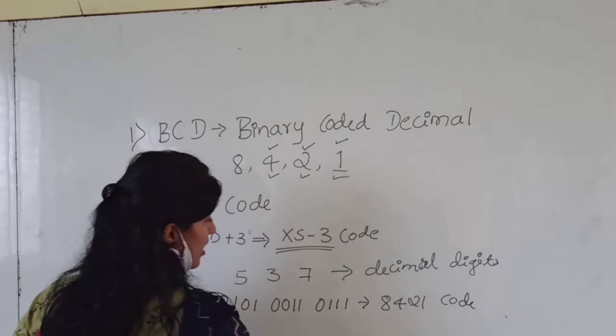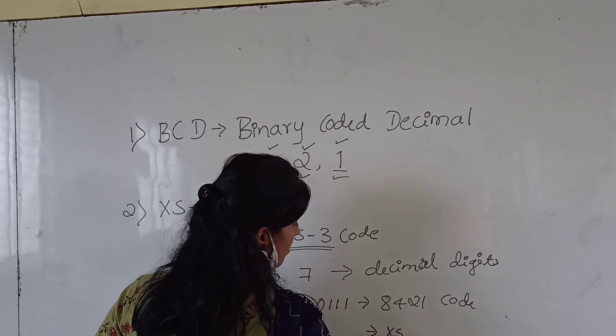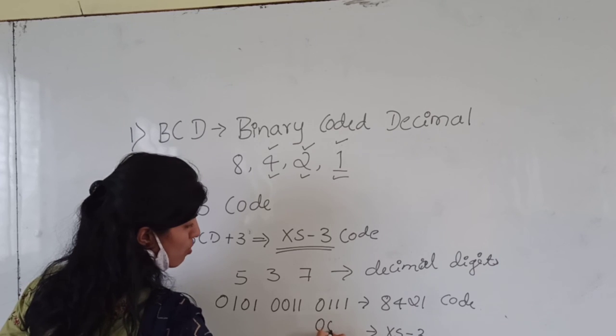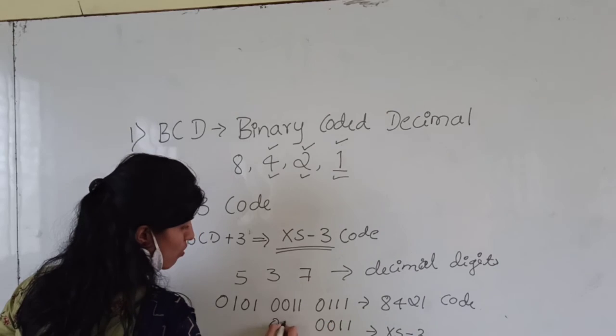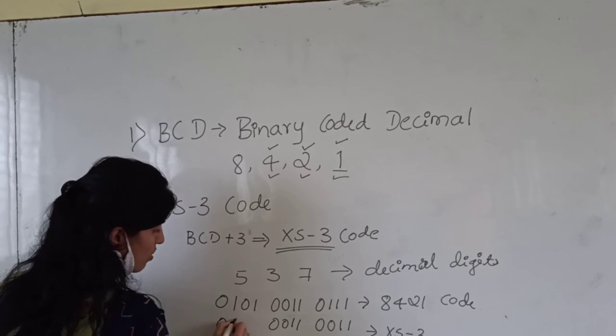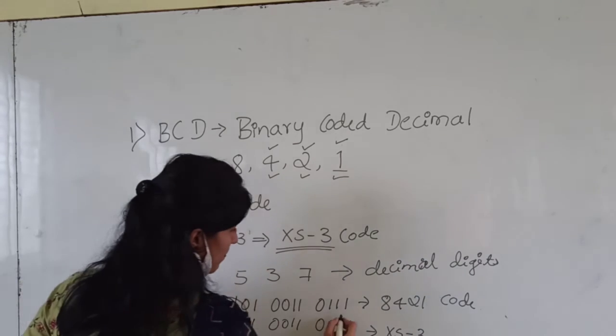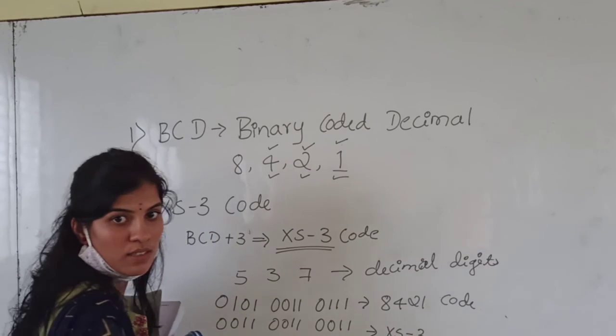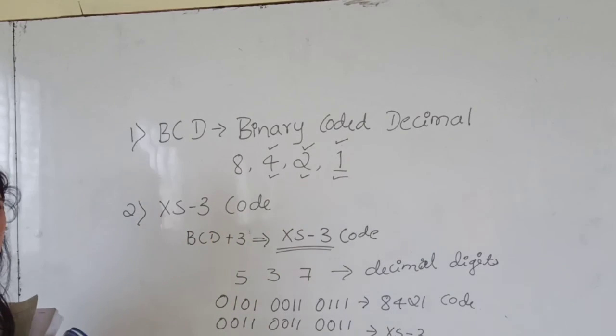And for XS3, add 3 to these equivalent binary codes, 0 0 1 1, 0 0 1 1, 0 0 1 1.